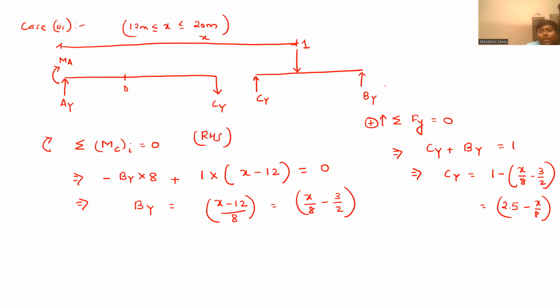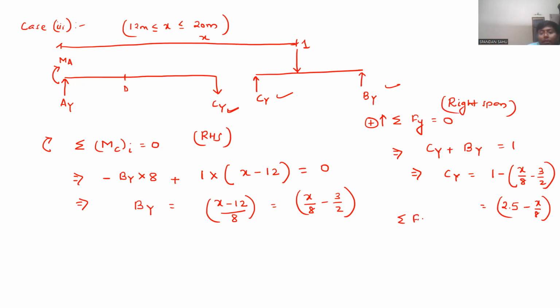Now, once By is done, Cy is done. This Cy will be the same. Now come to this section. Cy you got 2.5 minus x by 8. So this is for the right span.